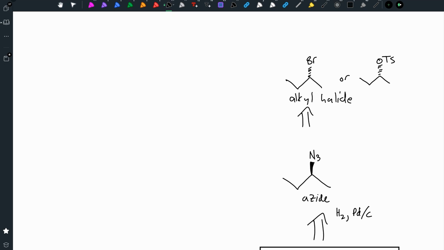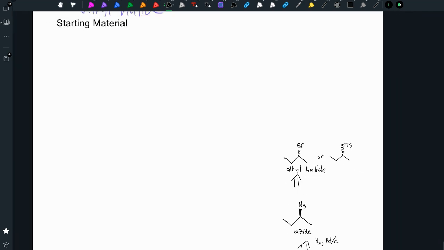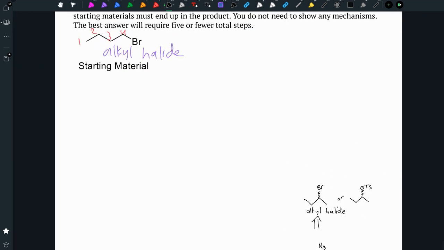And I might say to myself, well, I started with an alkyl halide. The problem is this is not the same alkyl halide. So now I have to think about how I could get the functional group, the alkyl halide, from carbon 4 to carbon 3. Because in the starting material it's on carbon 4, now it's on carbon 3.